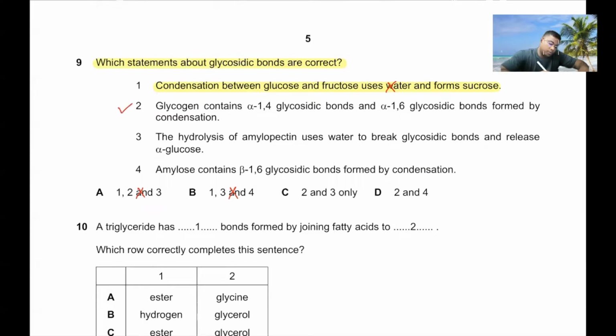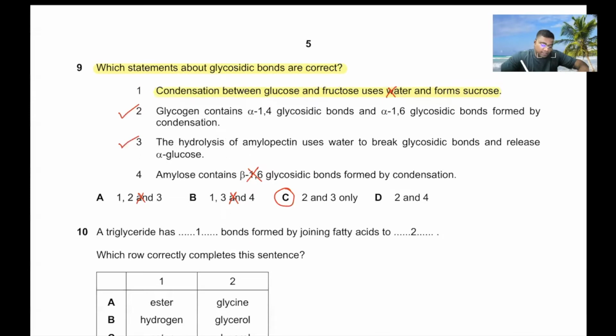So option 2 will always be correct, and we can go for option 3. The hydrolysis of amylopectin uses water to break glycosidic bonds and releases alpha glucose. Yes, amylopectin is made of alpha glucose. Option 3 is correct, so C should be correct. Amylose contains 1,6 glycosidic bonds? Amylose only contains 1,4 glycosidic bonds. So option 4 is wrong.